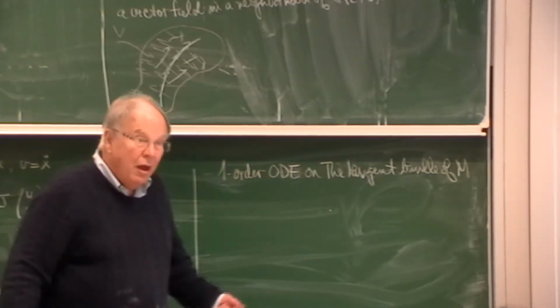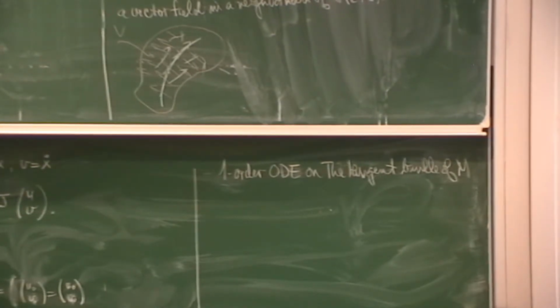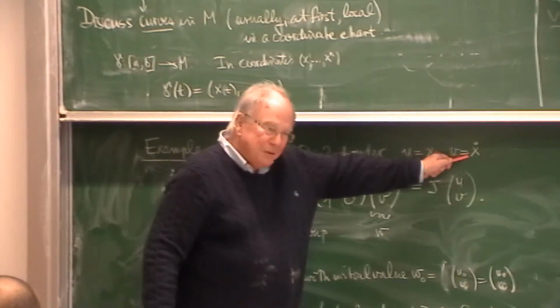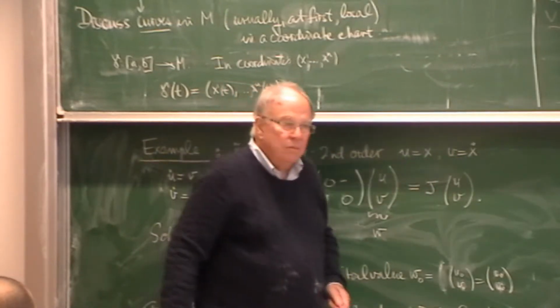Right? Is it not? Excusez-moi. This is U equals X and V equals X dot. This is an ODE on the tangent bundle of the manifold.